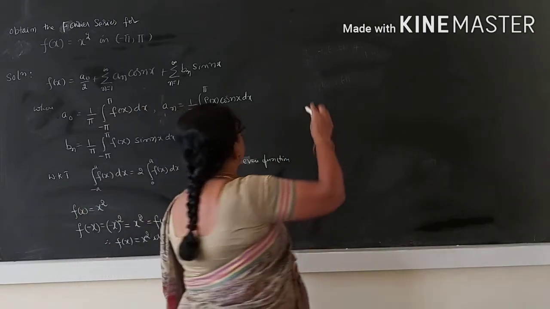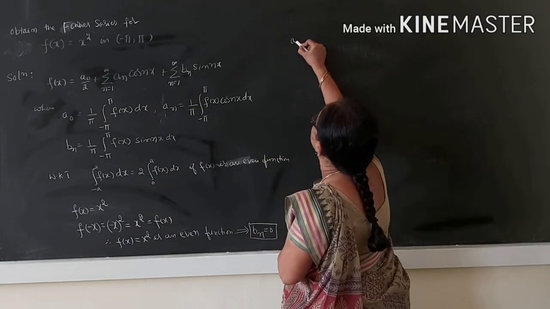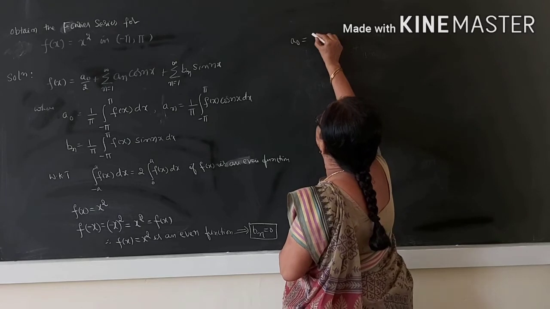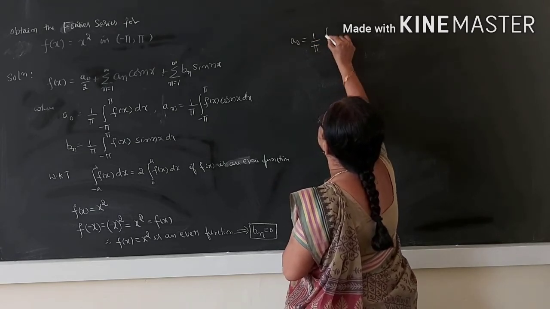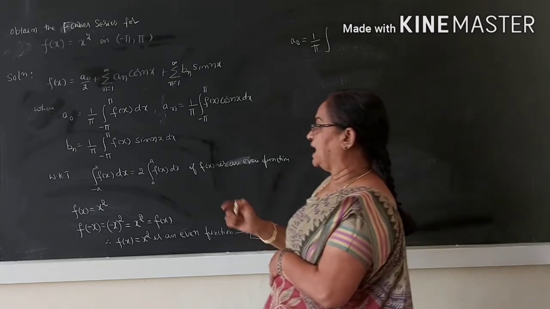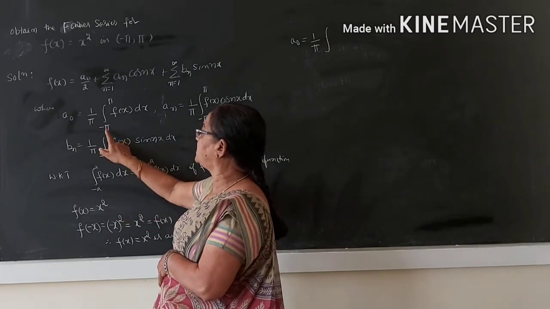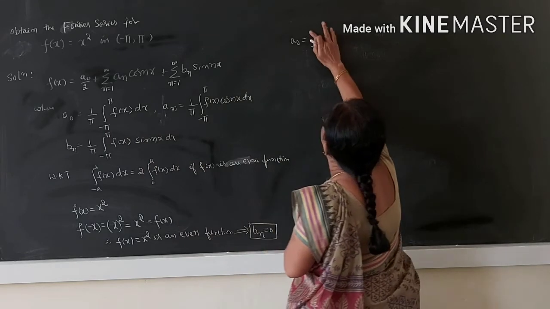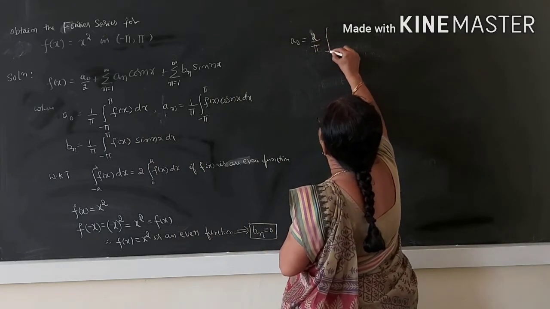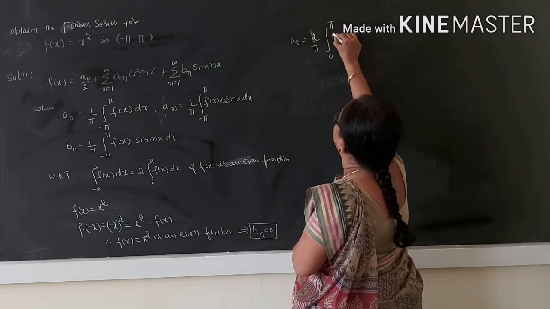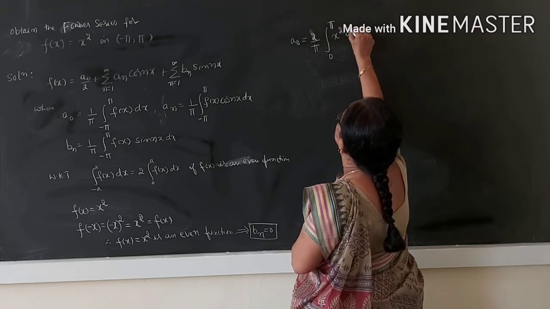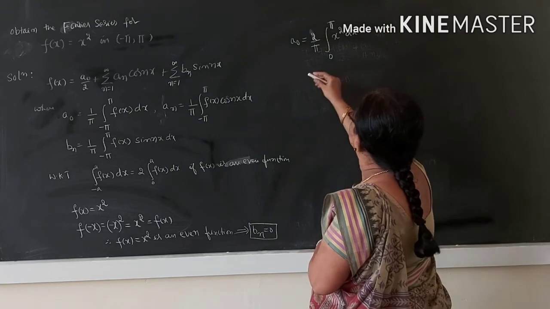Okay. Now, I try to find out the value of a0, which is equal to 1 by pi times. As it is an even function, instead of writing minus pi to pi, I write 2 by pi integral 0 to pi f of x into dx, means x square into dx.